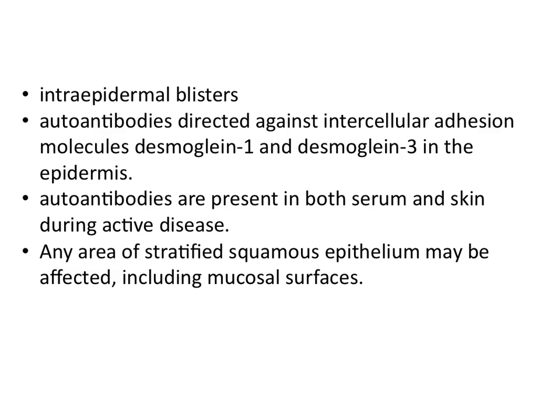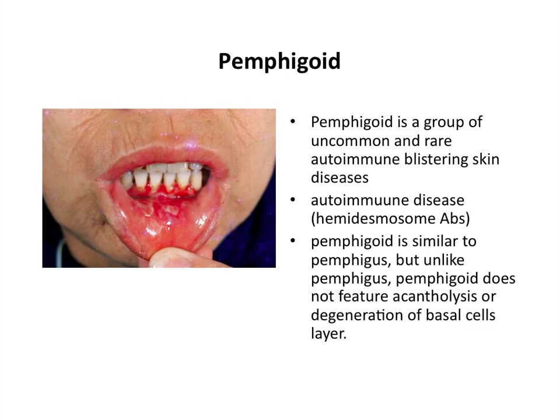Autoantibodies are directed against specific structures, desmoglein 1 and 3, and the autoantibodies can be seen in pathology stains, and any area of the squamous epithelium can be affected, including mucosal surfaces.